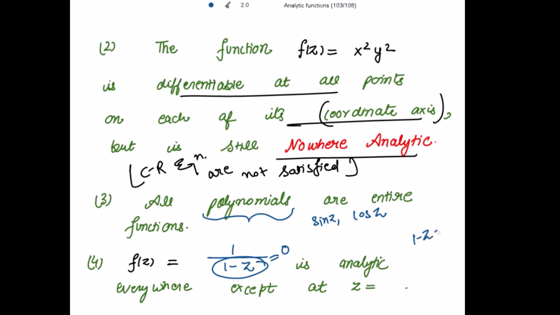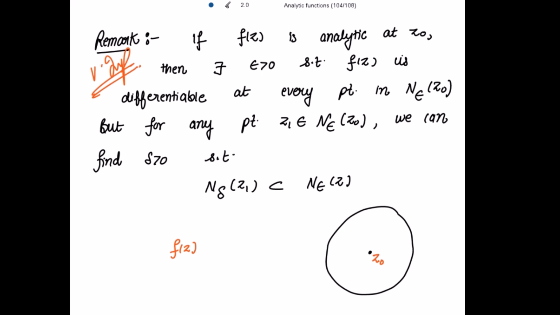If I take the denominator equal to 0, I get z equal to 1. So except at the point z equal to 1, the function is analytic everywhere. Whatever function you have, it will be analytic everywhere except at the points where the denominator is 0.